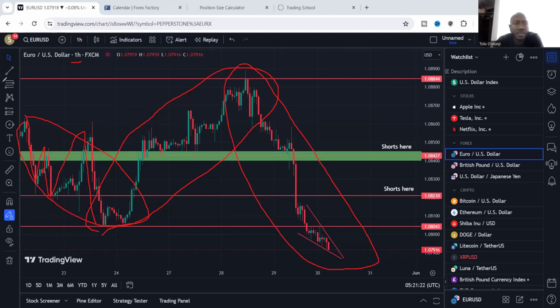Clearly, if you look from the left-hand side to the right-hand side, you can't exactly tell the directional bias of this chart. But if you look at it based on waves, where you break the chart into pieces, this is the most recent and significant wave that we have here.